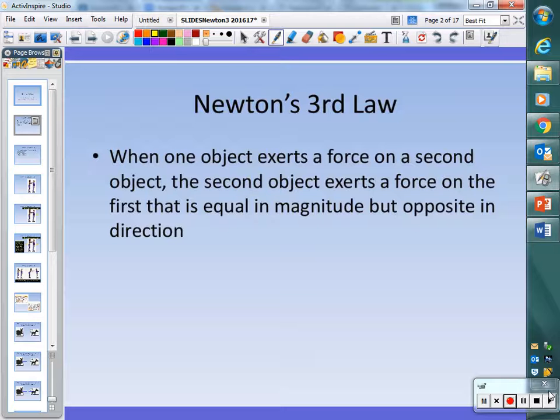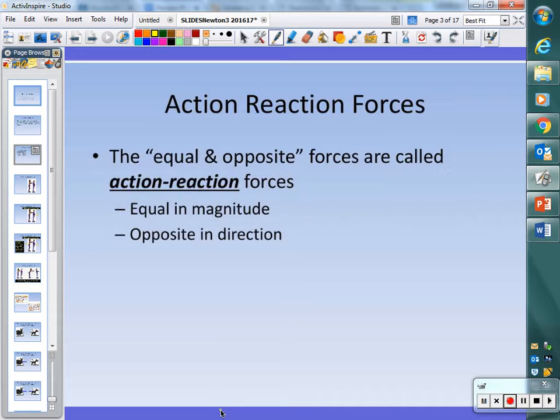These forces that are equal in magnitude, opposite in direction, we call action-reaction forces. So Newton's third law deals with action-reaction forces.